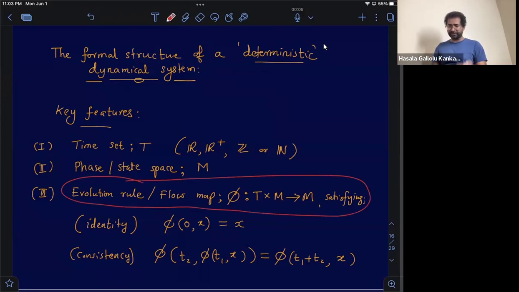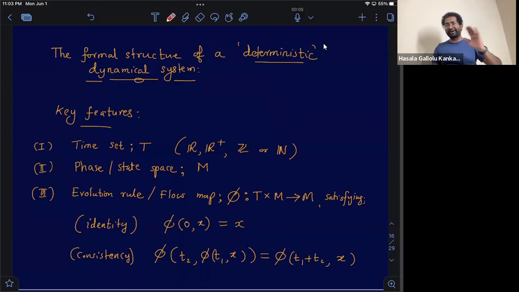We had two different directions: one is the progression through time, and the other is the progression through different inputs or different phase values.